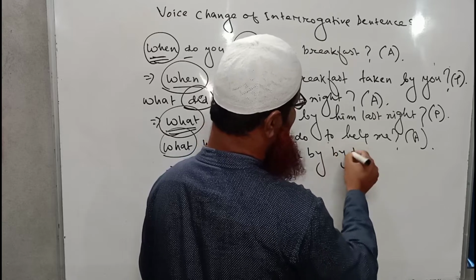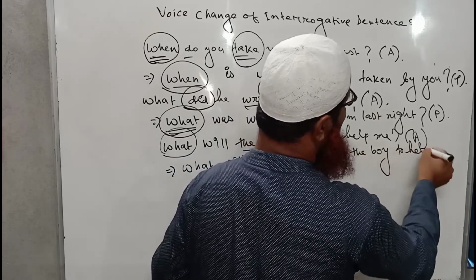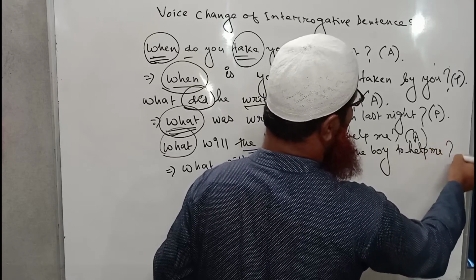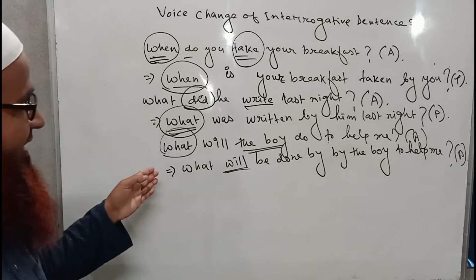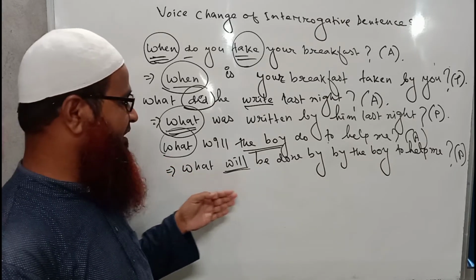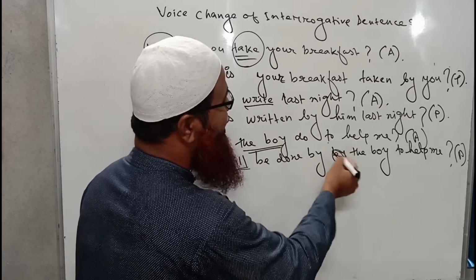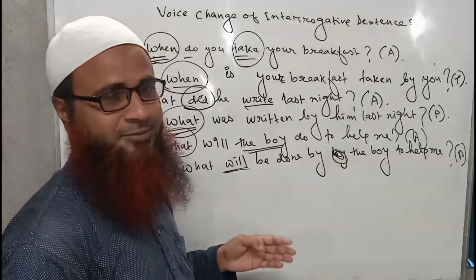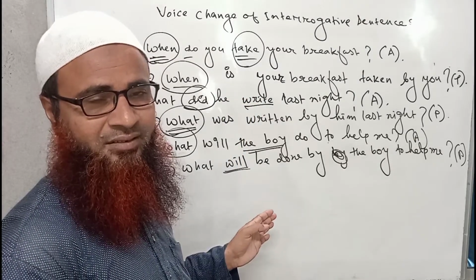By the boy to help me. So this one has become the passive form of the sentence. What will the boy do to help me? What will be done by the boy to help me? So I hope you are getting the points. Very easy.